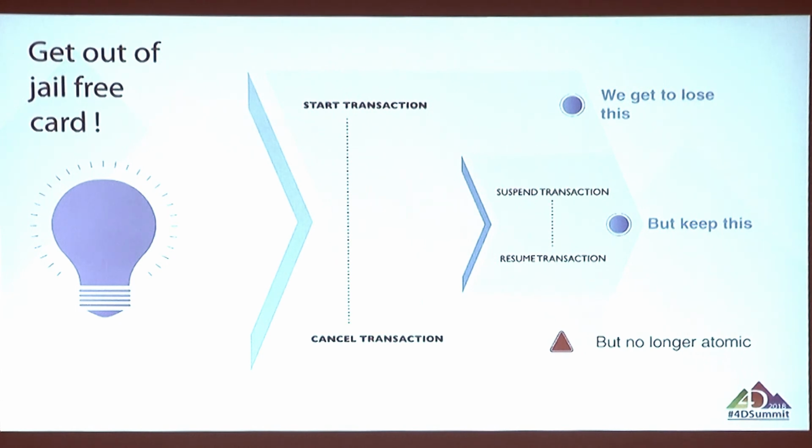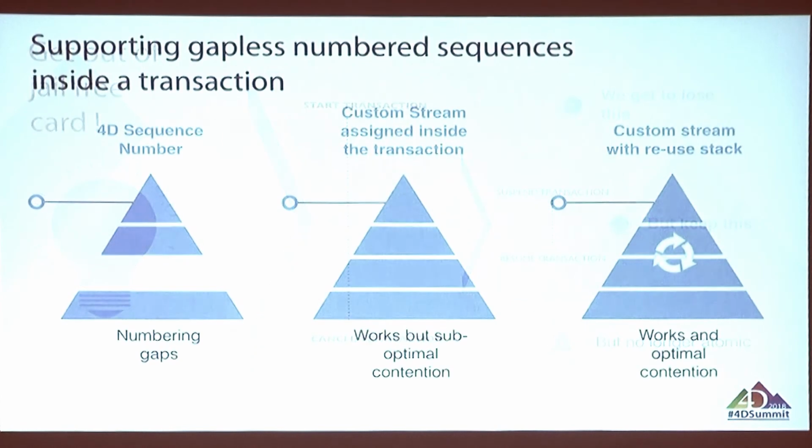In general, the warning is that it's no longer atomic, because instead of all or nothing, you've got all or something now if you use suspend transaction. So that just has to be kept in mind. Finally, numbered sequences, allocating invoice numbers inside transactions. Sequence number doesn't work because 4D will use another number.